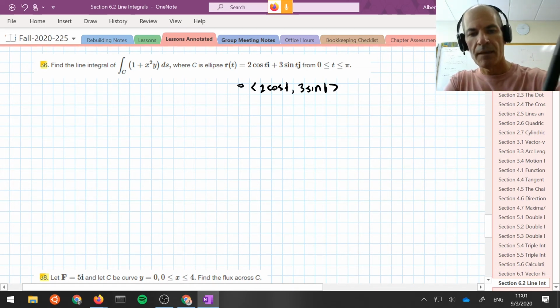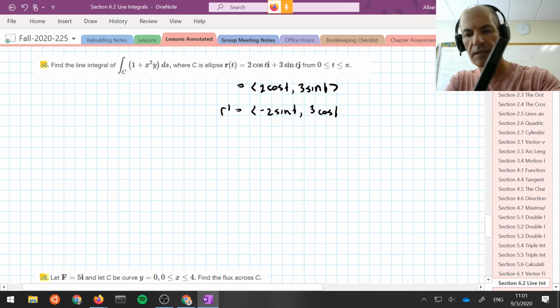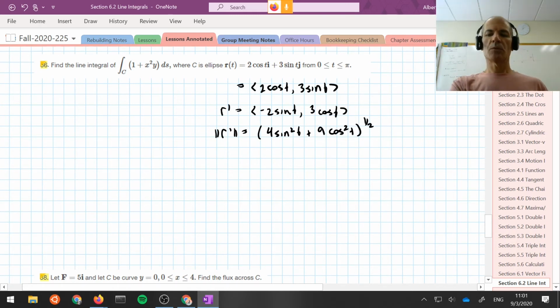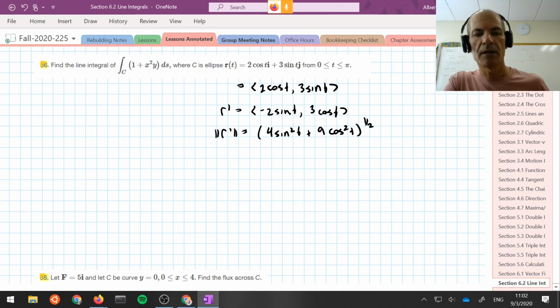And r prime is then negative 2 sine t, 3 cosine t. The magnitude of r prime is the square root of 4 sine squared t plus 9 cosine squared t. And you'd love to be able to simplify that, but you can't. You're stuck with it.